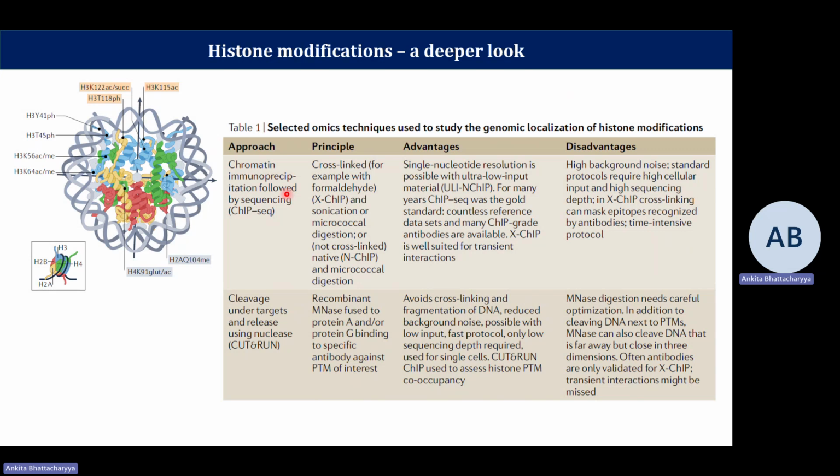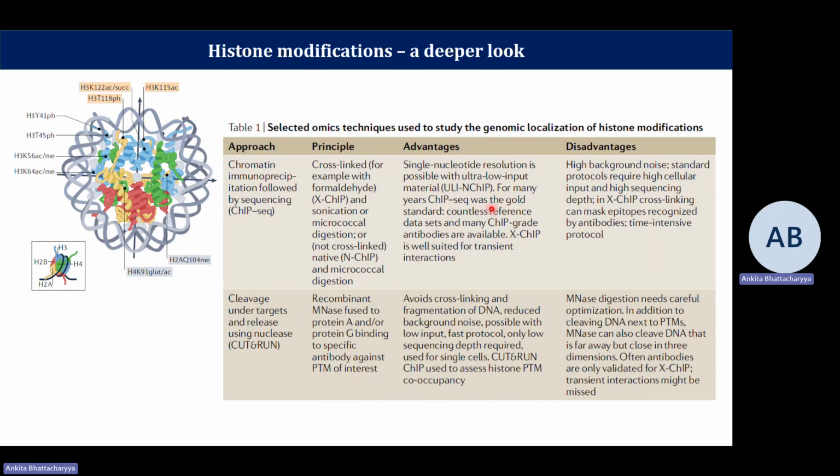Then you subject it to sonication or micrococcal digestion to get rid of all of the non-specific regions. Or you can go for a non-cross-linked option, which is N-ChIP, so that it doesn't bias anything, and then subject it to micrococcal digestion. Single nucleotide resolution is possible with ultra low input material, which is ULI-NChIP.